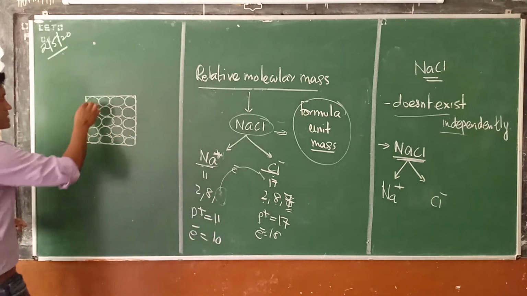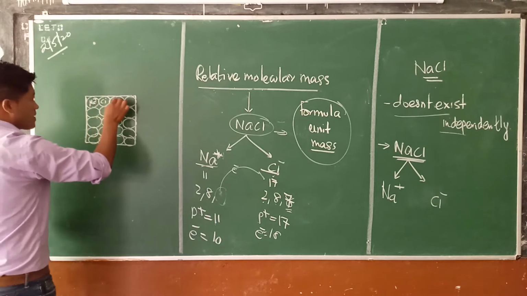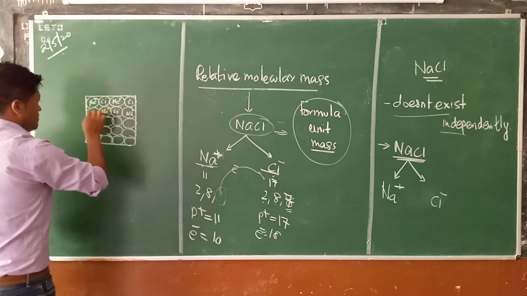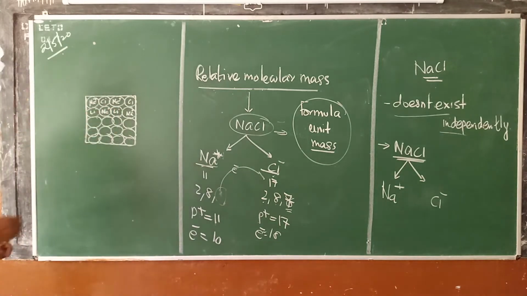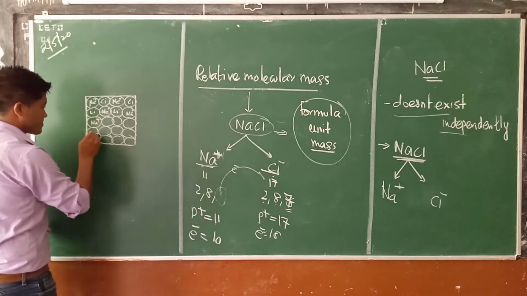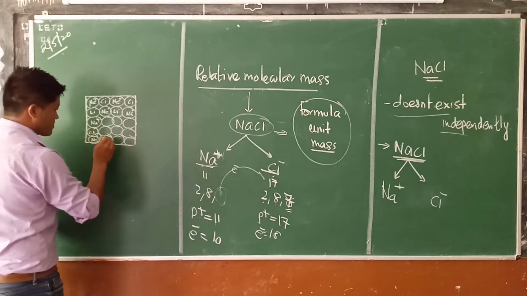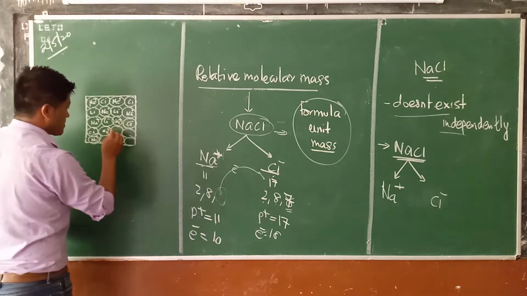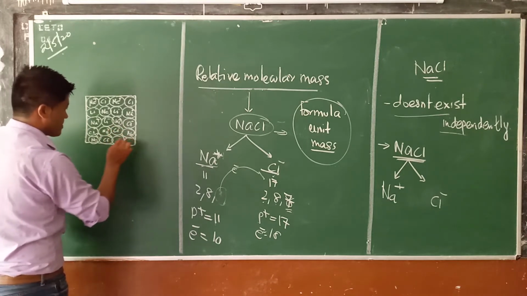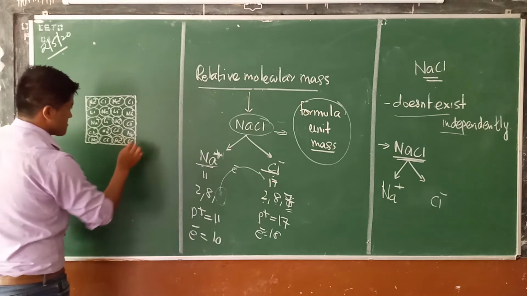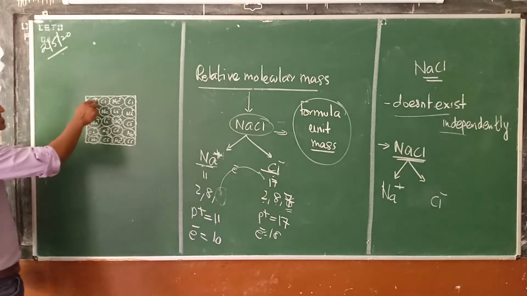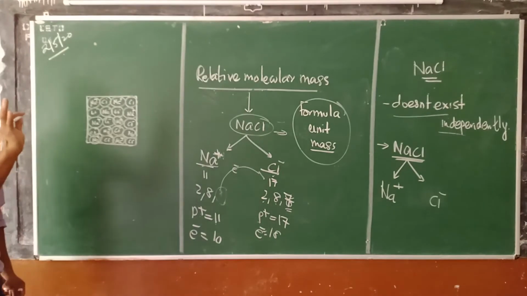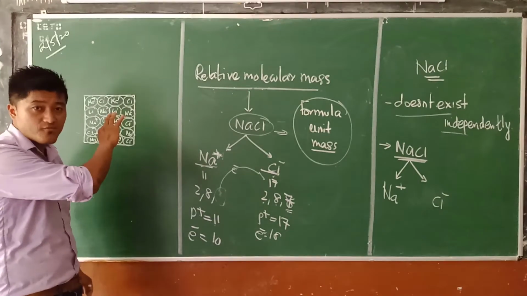Na plus, Cl minus. Have a look. Now you can see this is positive, negative, and between these two there are some kind of attractive forces. Is that clear? There are some kind of attractive forces.